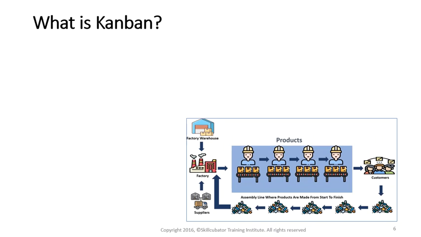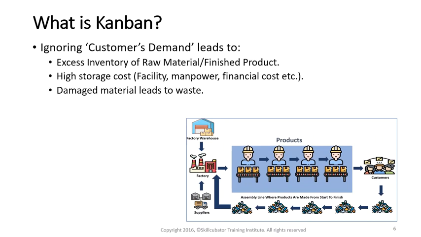Now, ignoring the customer demand will result in excess inventory of raw material as well as finished products, unsold items that must be kept in the warehouse. Now that comes with a huge overhead cost.